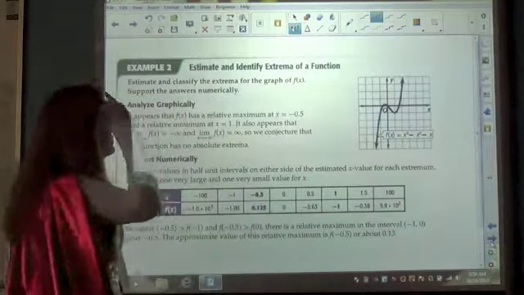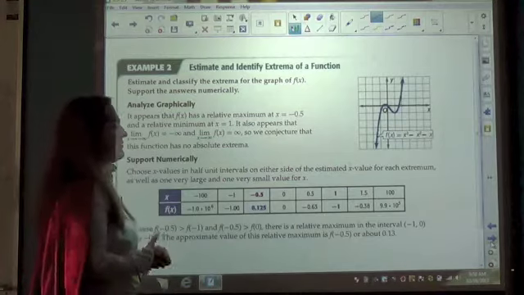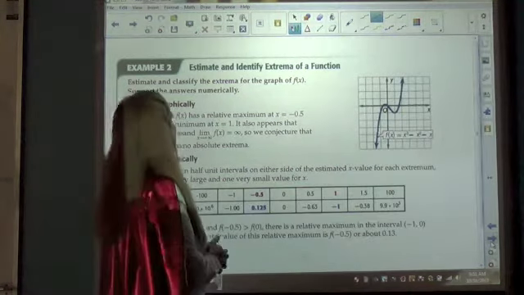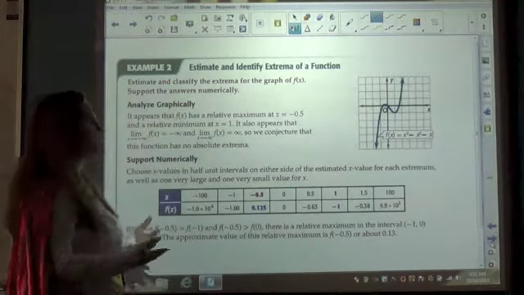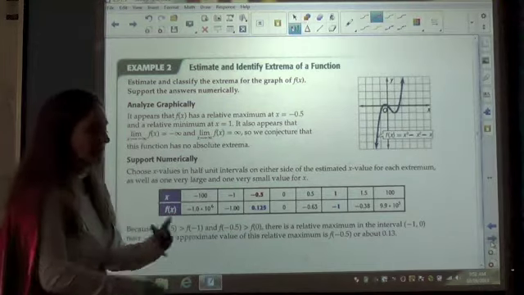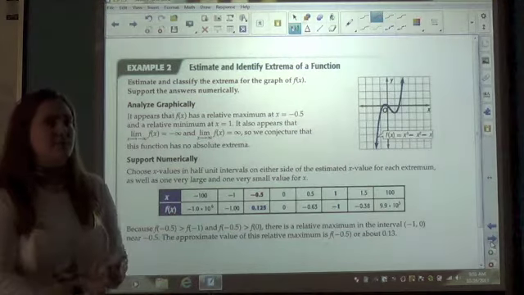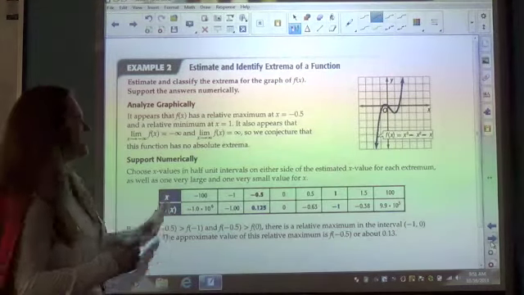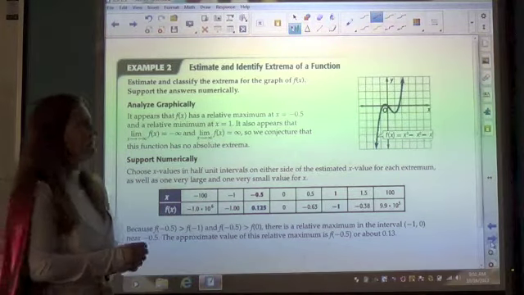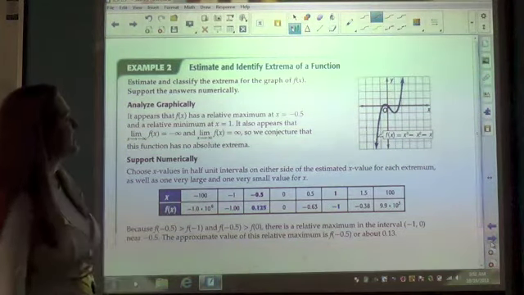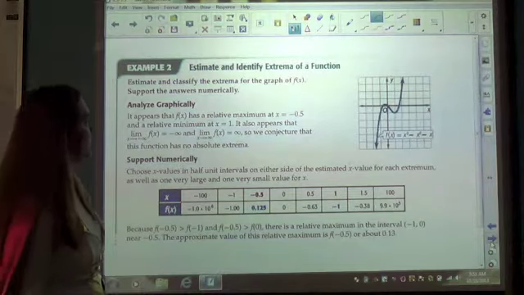Okay, so let's do this one. And again, I took this from the book because everyone's looking at the book right now. Estimate and classify the extremas. So extremas are relative max, relative min, absolute max, absolute min, points of inflection, the critical points of the graph. So estimate and classify the extremas of the graph. Support it numerically.